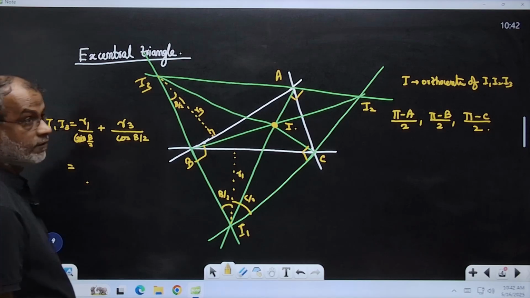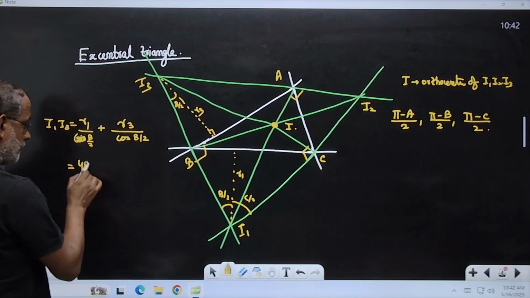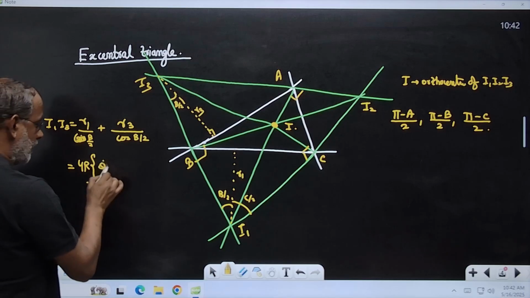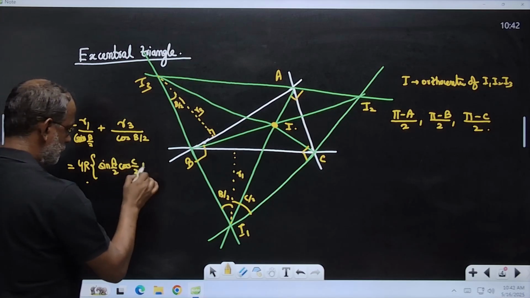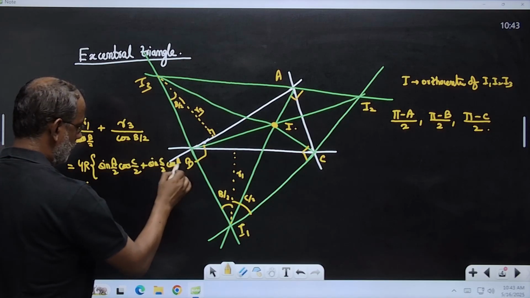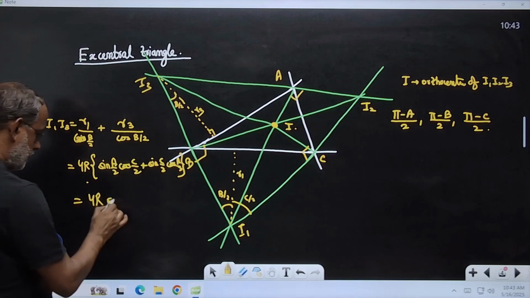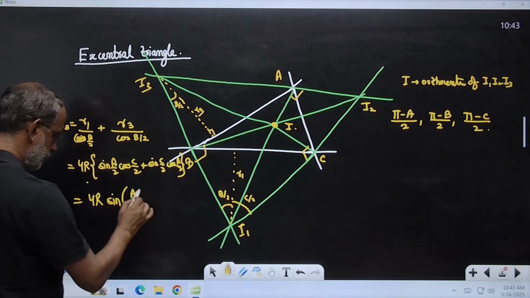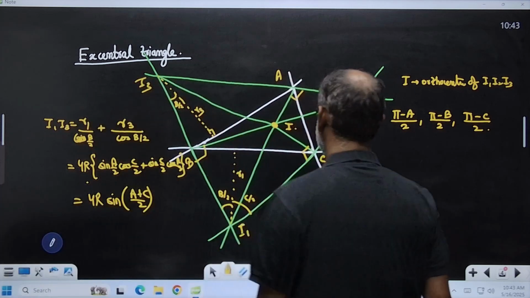So, what is R1 upon cos B by 2, 4R sin A by 2 cos C by 2, sin C by 2 cos A by 2. So, this is 4R, that is 4R cos B by 2.